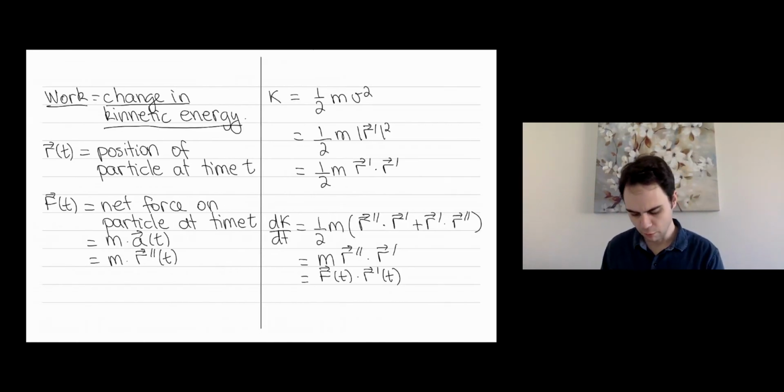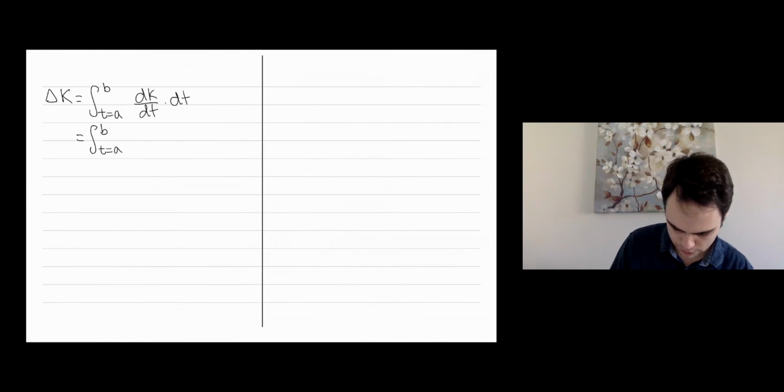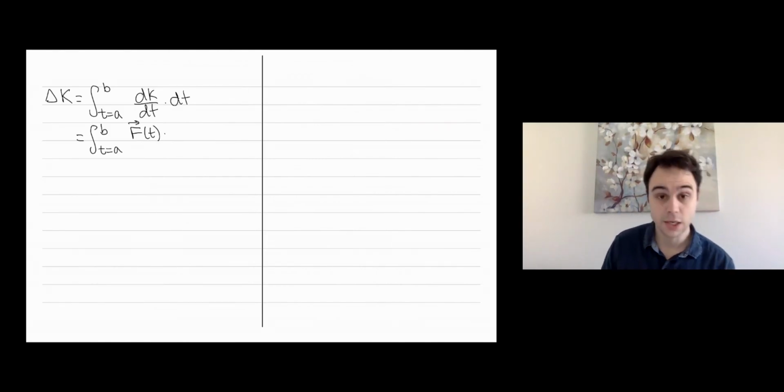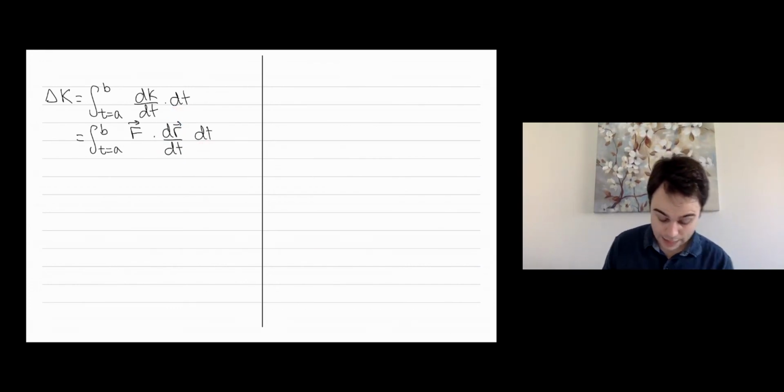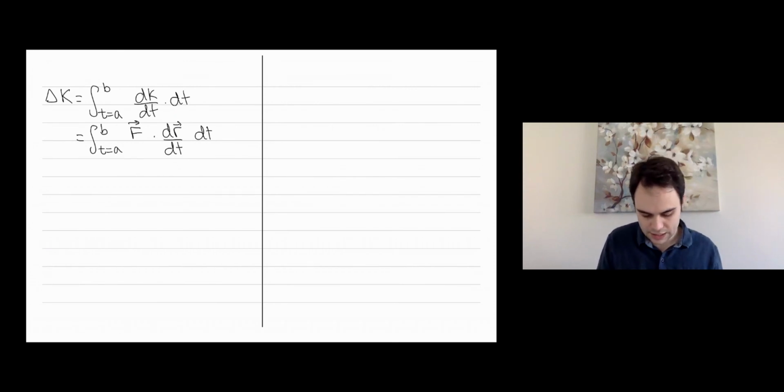Here we computed that's the force on the particle times r prime. So it's the force on the particle, so F of t, times r prime, that's, let me just write that out in full, dr dt. And then dt, the dt that we had up here. Now we recognize that this integral is just giving us the work.